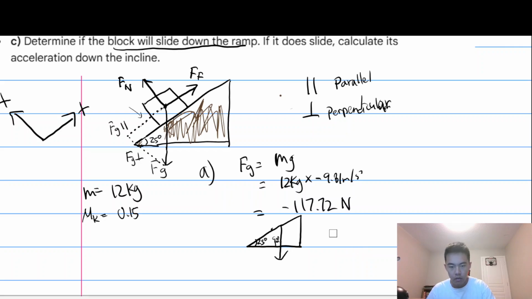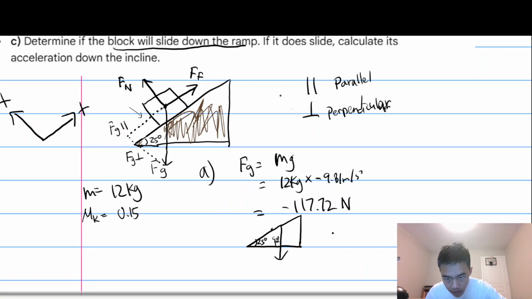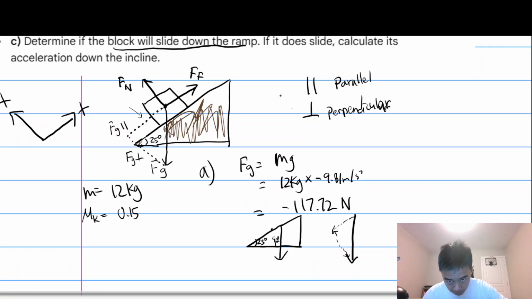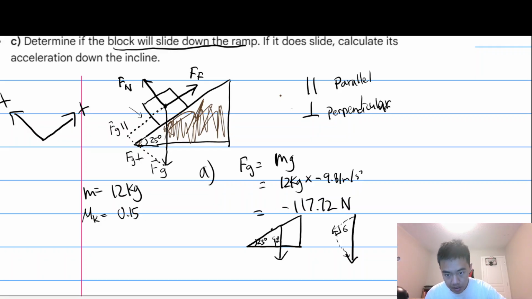So if we are drawing a triangle like this and you're trying to make a gravity triangle, of course gravity is going down, right? And if we were going to draw our parallel like this and our perpendicular like this, then of course this would be 90 degrees, and this would be 90 minus 75, which would be 65 degrees.